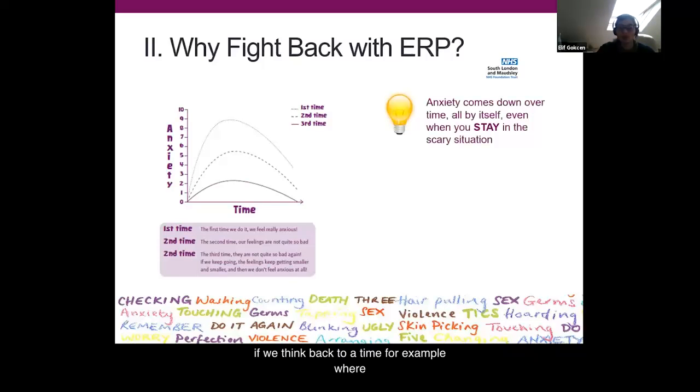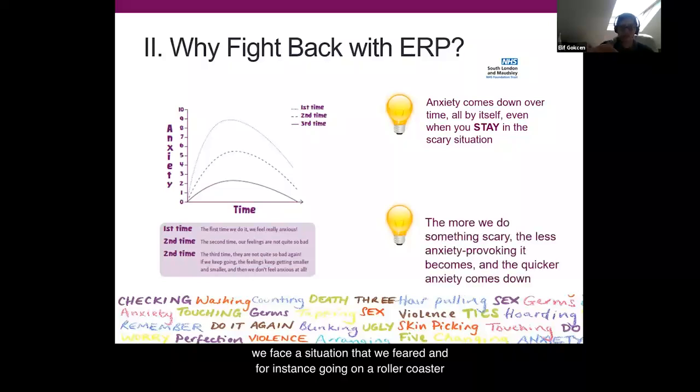If we think back to a time, for example, where we faced a situation that we feared, for instance, going on a roller coaster, we know that the first time we do it, we feel really anxious and there's an increase in our anxiety. What we know is that over time, without us having to do anything, that will come down. We know that when we face that situation again for the second time, the anxiety still might be there, but not quite so bad.